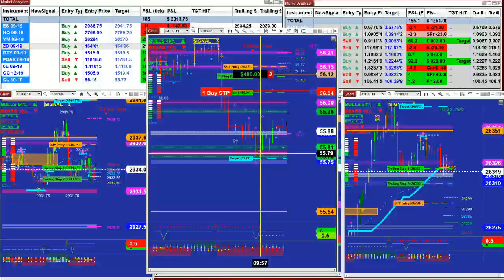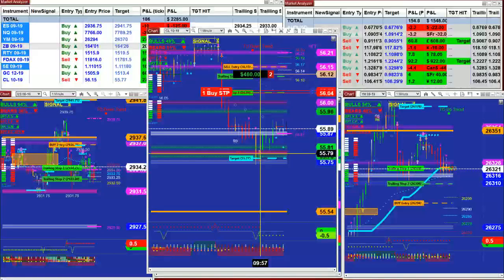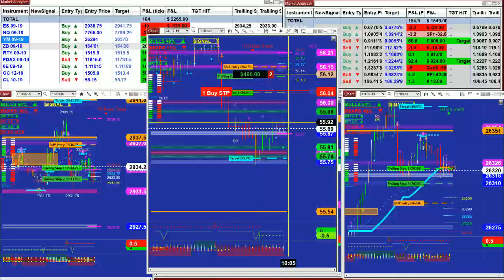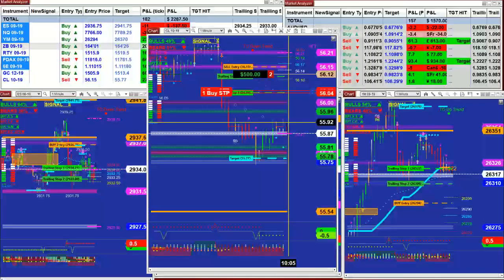Sometimes the market comes 2 ticks above the target and turns around on the fully automated trade. Before you know it, you have $800 in that trade, you're not looking at it, and the market turns around, and then you walk away with 400, 500, or 300.